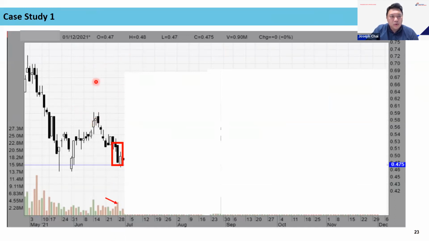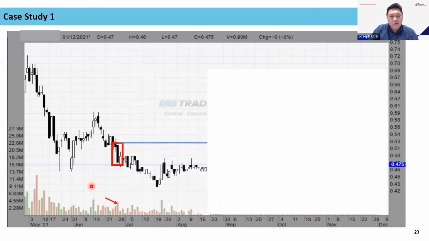This is one of the stocks that I experienced last year when the market had a correction. You see there's a long black candlestick with very high volume. Sentiment was very negative at that time, and the stock tanked very low, and afterwards it went sideways. So what I do is I look for the big black candlestick and draw one horizontal line. I tell myself, if the stock can break this horizontal line, that's where I'll buy.